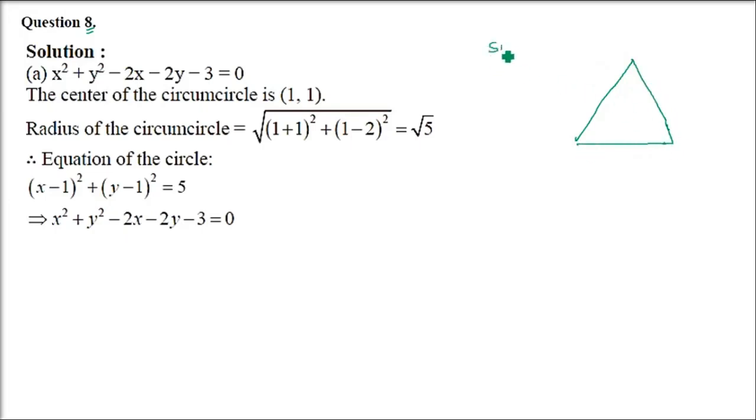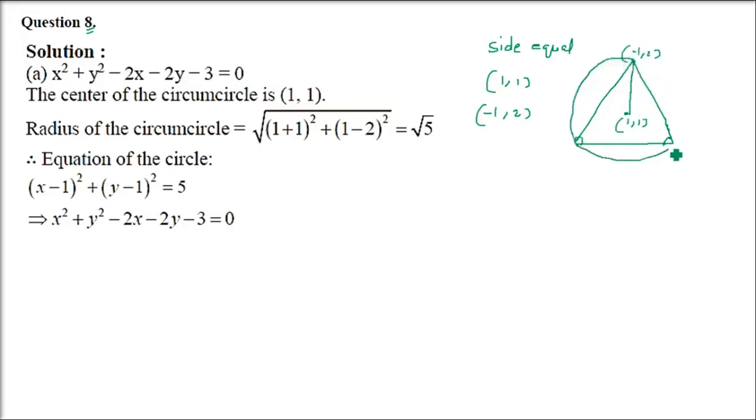Equilateral triangle means all the sides are equal, all the angles are equal, and all these angles are 60 degrees. The center is known, 1, 1, and one of the vertices is minus 1, 2.